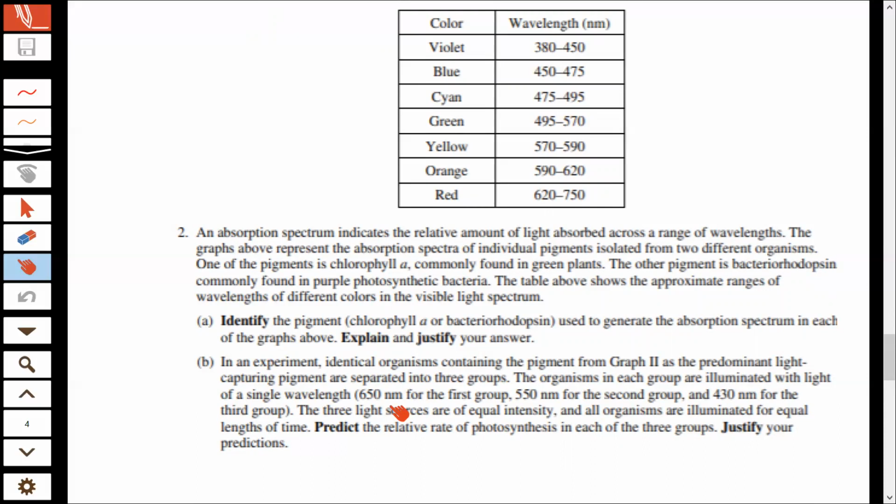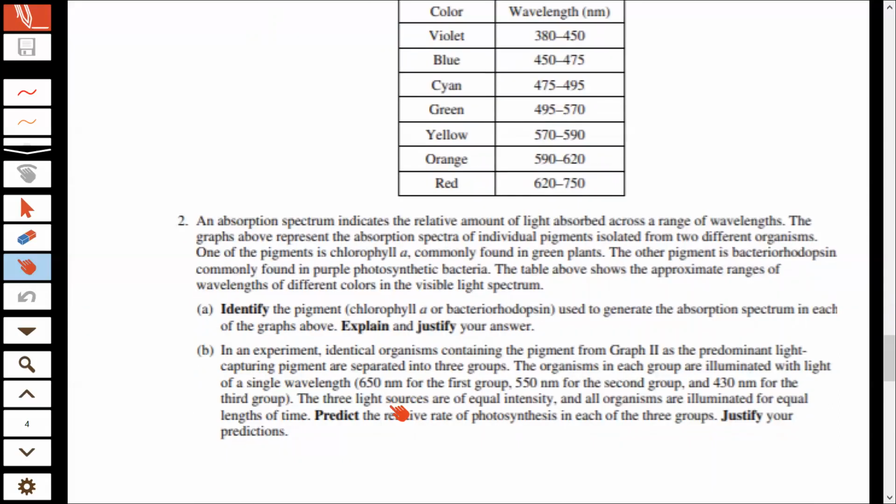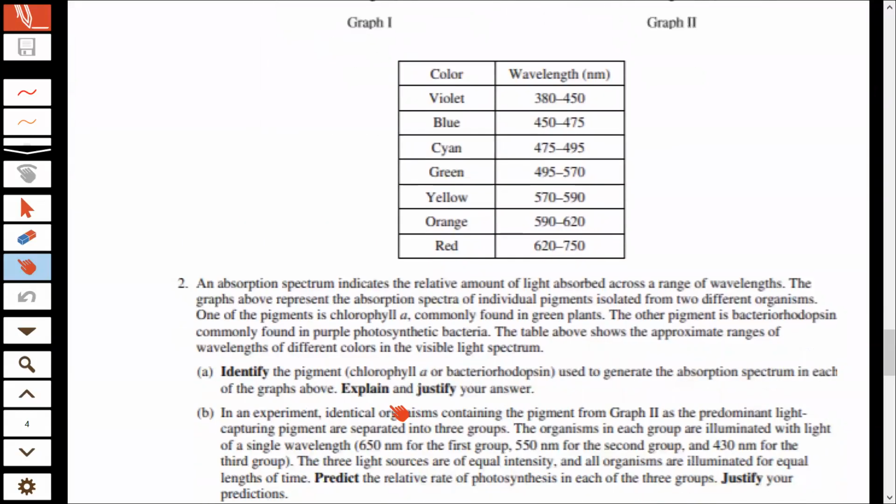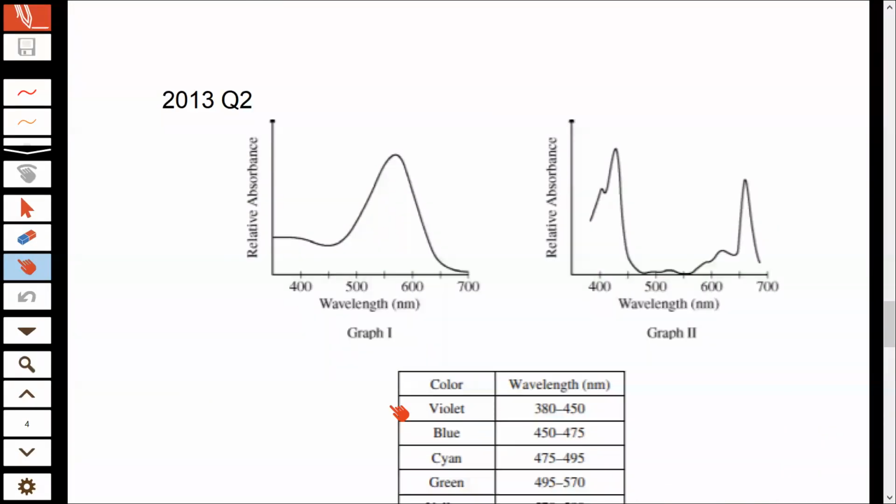So the first thing we need to acknowledge is that the more light you absorb, the more photosynthesis is going to go on, right? And so now let's look at 650, 550, and 430. Let's start with 430. 430 here looks like it's right around a very high part, so 430 will actually have the most absorbance compared to 650.